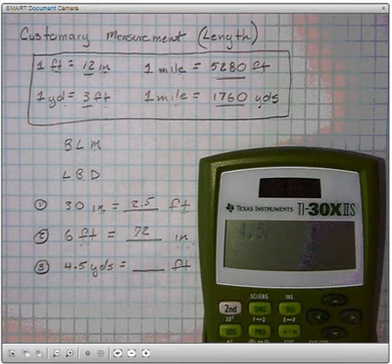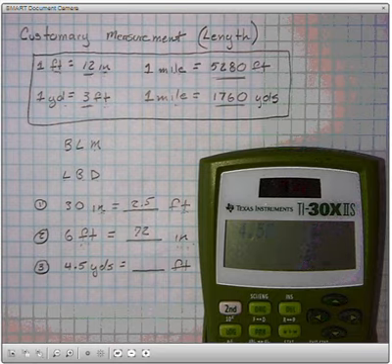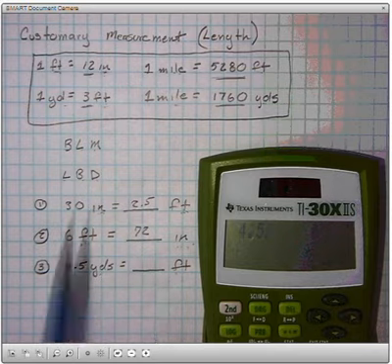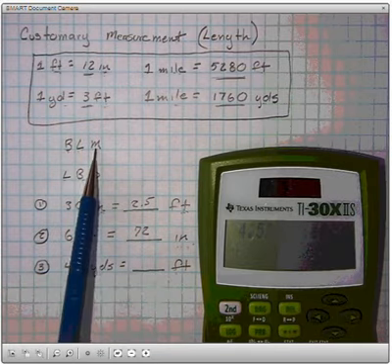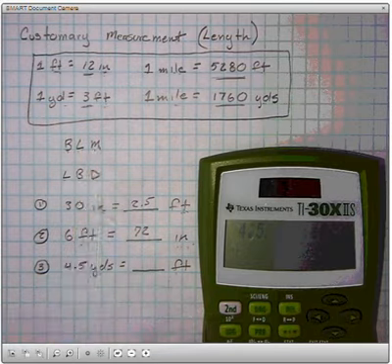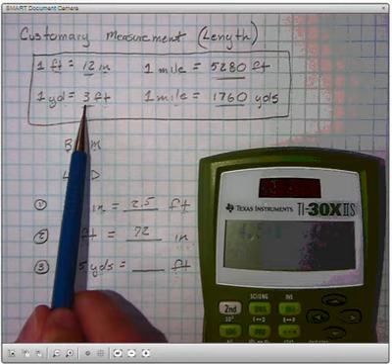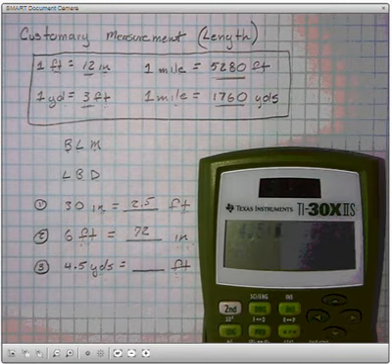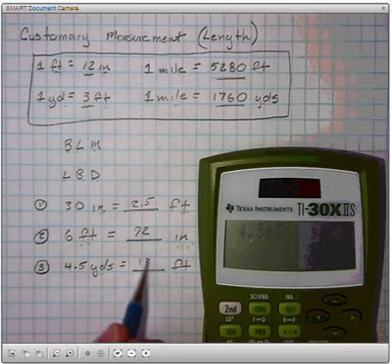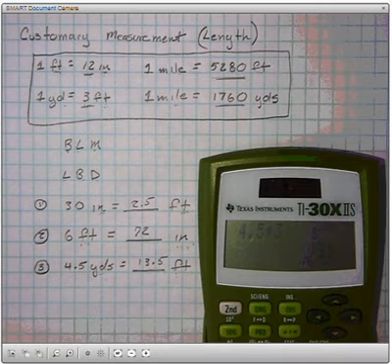Cooper, what do you think? Divide. Why? Multiply. Now, why do you say that? Because yards is bigger than feet. So you're going from big to little? And big to little means we're going to multiply. And we're going to find our conversion factor, yards and feet. Yards and feet are right here. Our conversion factor is a 3. So we multiply it times 3 and that gives us our answer, 13.5.